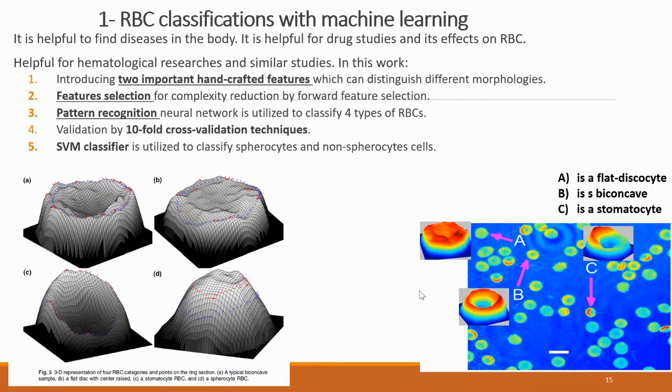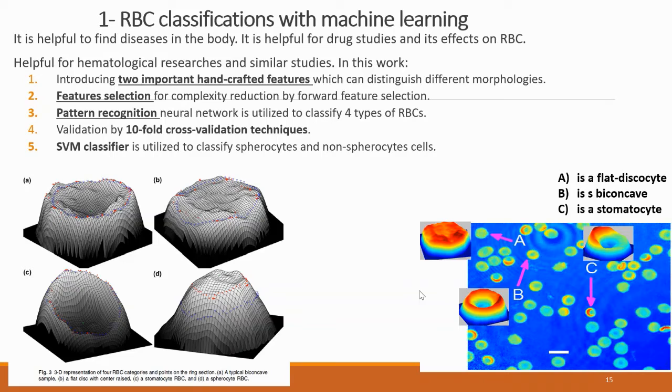So in this work, I'm showing you some handcrafted features which are used for this red blood cell study and classification. In this case, we are classifying four types of red blood cells. Then I use feature selection for complexity reduction of this model, which is done by forward feature selection.